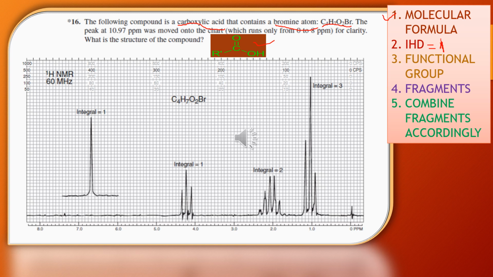I hope you all know what a carboxylic acid is, right? Okay. So this peak is basically found at around 10.97 ppm, right? So the chemical shift value of this group is found to be at 10.97 ppm. You must know that whenever there is a peak between 10.5 to 12, most probably it is a carboxylic acid, right?